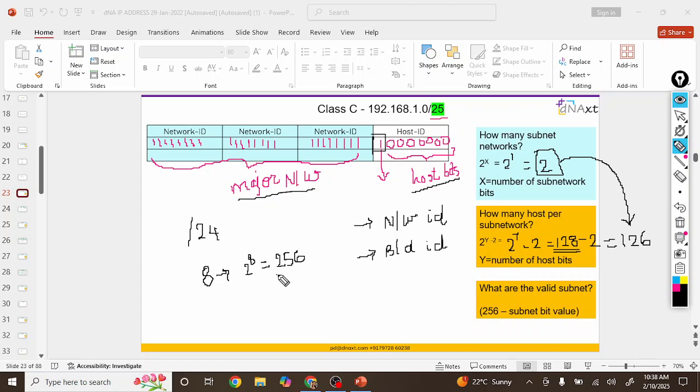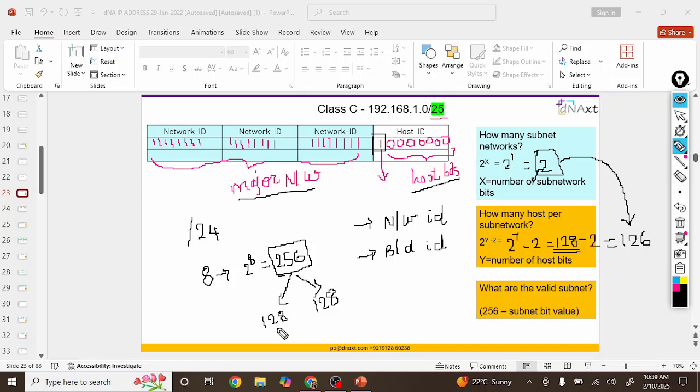What you have done when you have borrowed a bit, when you have done subnetting, you have broken down these 256 IP addresses into two subnetworks by borrowing one bit. You have divided this major network into two subnetworks containing 128 hosts in each subnetwork.